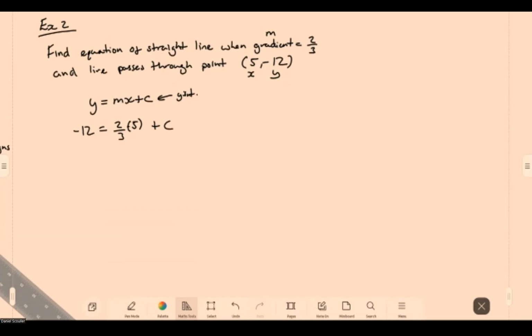So I'm going to multiply everything on the left-hand side by 3, and I'm going to multiply everything on the right-hand side by 3. Okay.